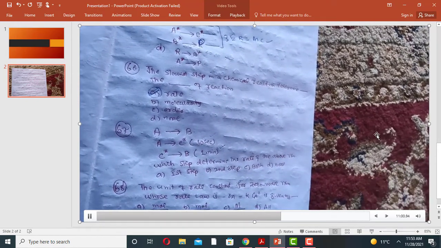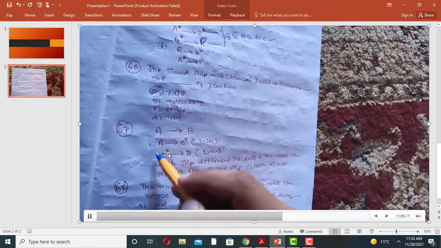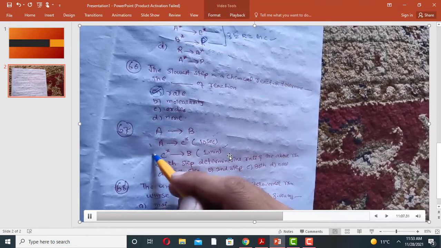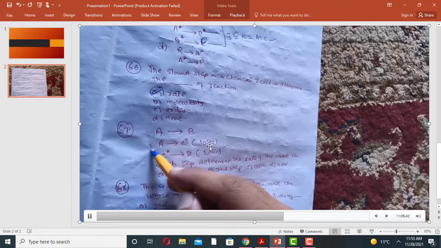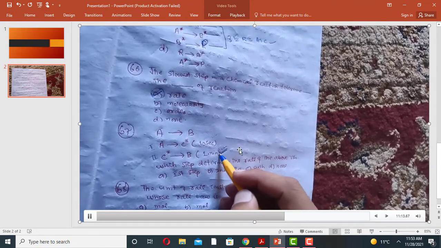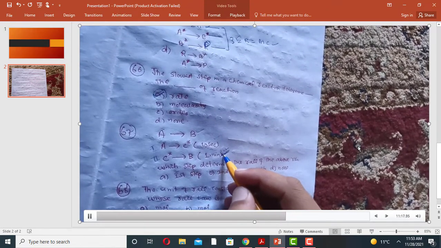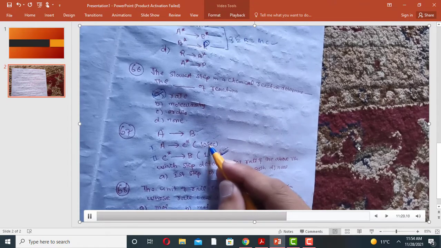Which step determines the rate of the reaction? The second step, because it is the slowest step. This occurs in 1 minute and this occurs in 10 seconds.